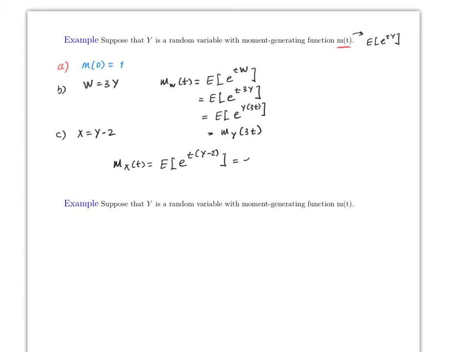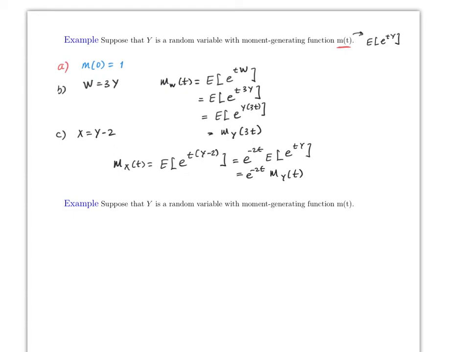So notice that you can take the minus 2t out, and it will be the expected value of e to the ty, which by definition is just the moment generating function of y evaluated at t.